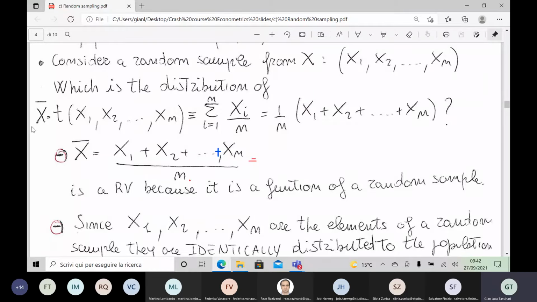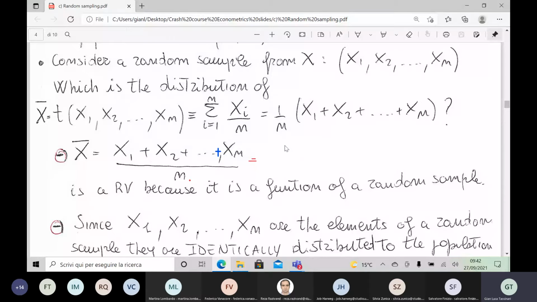Depending on the sample you observe, X bar will assume different possible values. Suppose you select one sample, compute capital X bar given your observed sample, and you get a value. Call it small x1 bar.